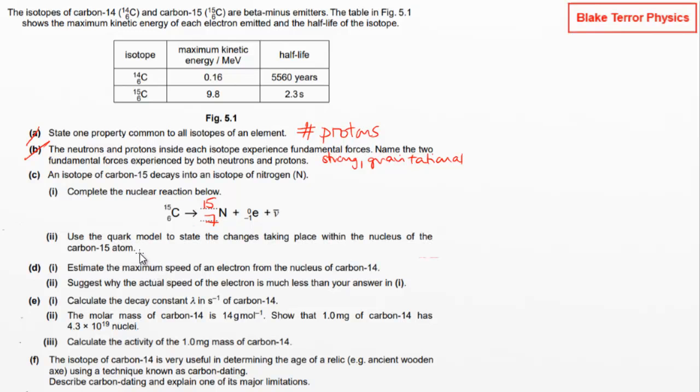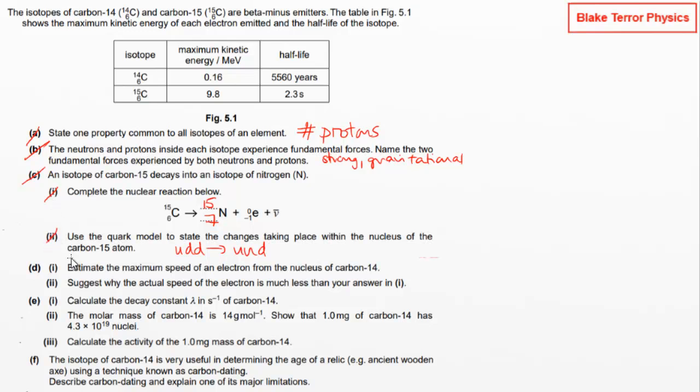Use the quark model to state the changes taking place within the nucleus of a carbon-15 atom. Right, so we need to get an extra proton out of a neutron. So we've got a neutron, an up, down, down, going to an up, up, down, which is our proton.